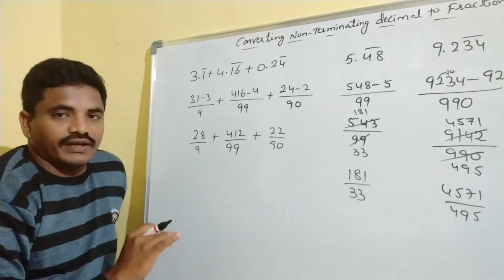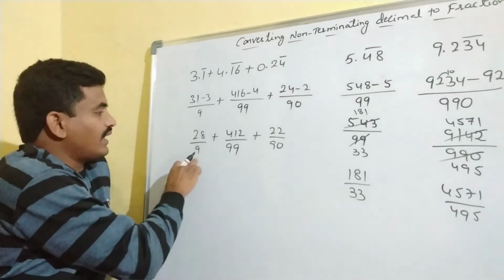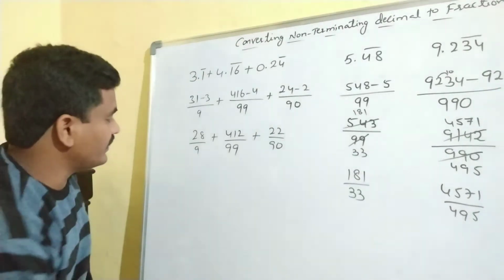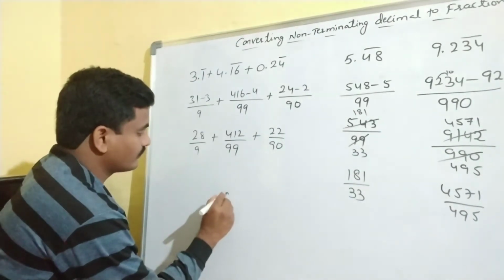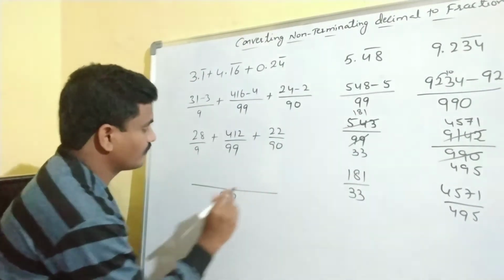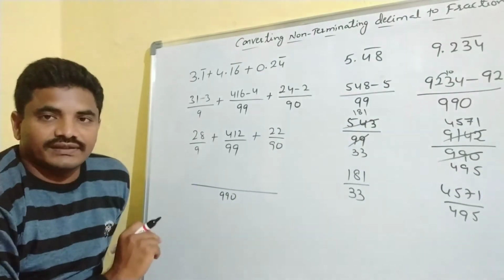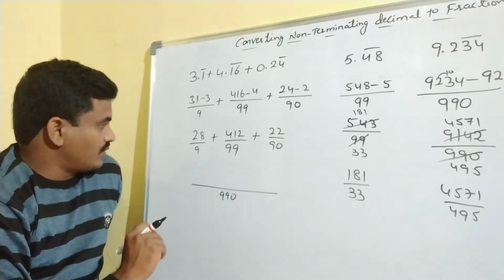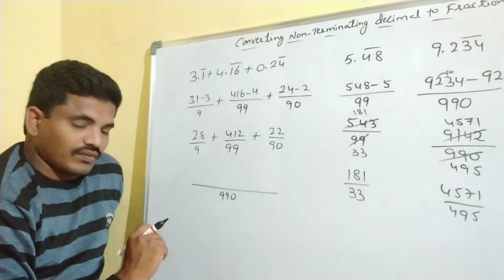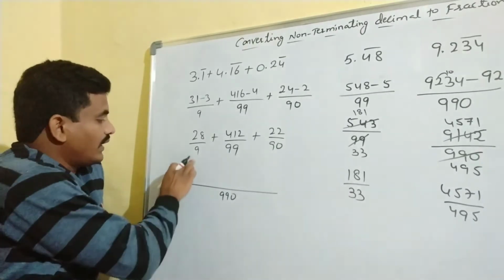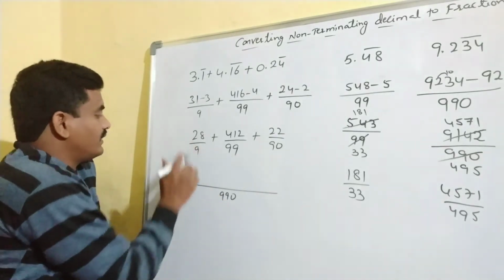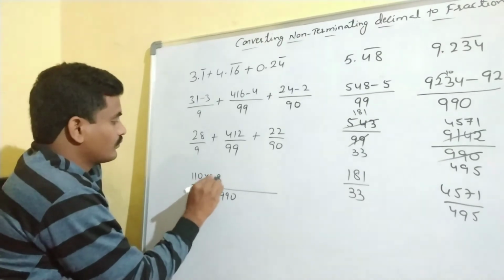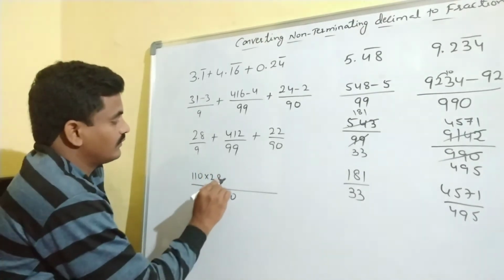And next we have to take the LCM of 9, 99 and 90. This is 990. In 9 it goes 110 times, so 110 into 28.